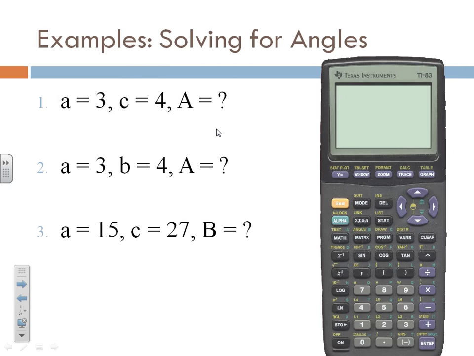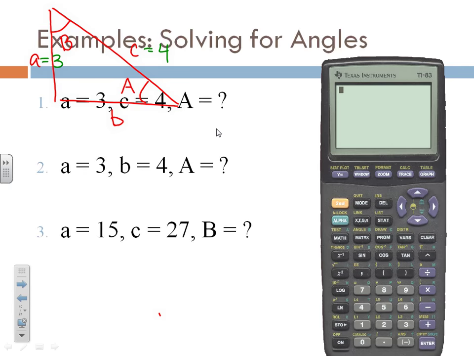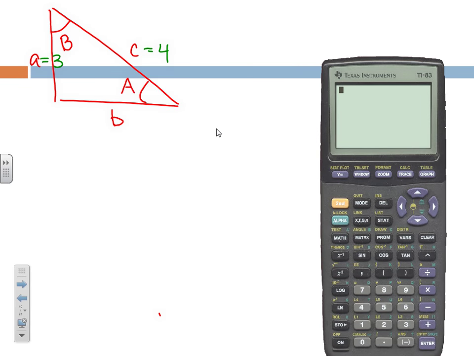Remember, we said A is equal to 3, C is equal to 4. So the value for A is 3, the value for C is 4. We're looking for the value of angle A. So this is my unknown value.